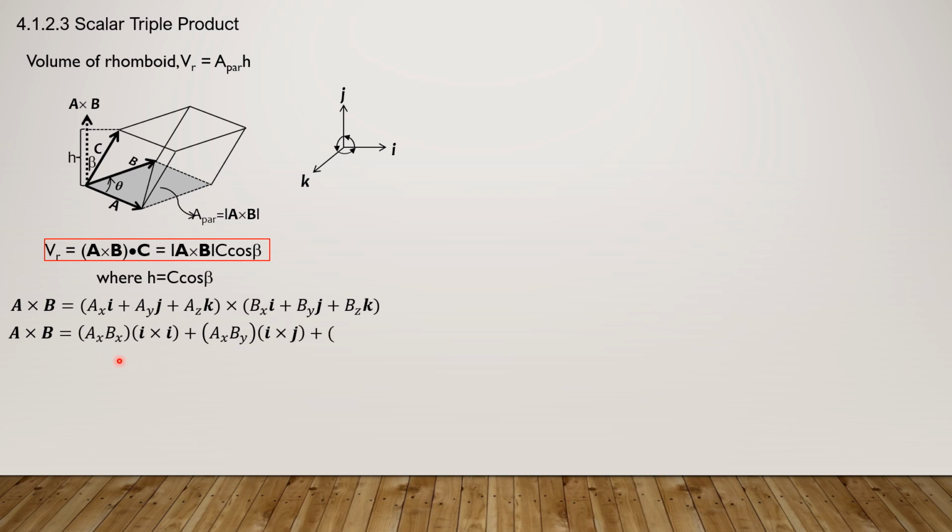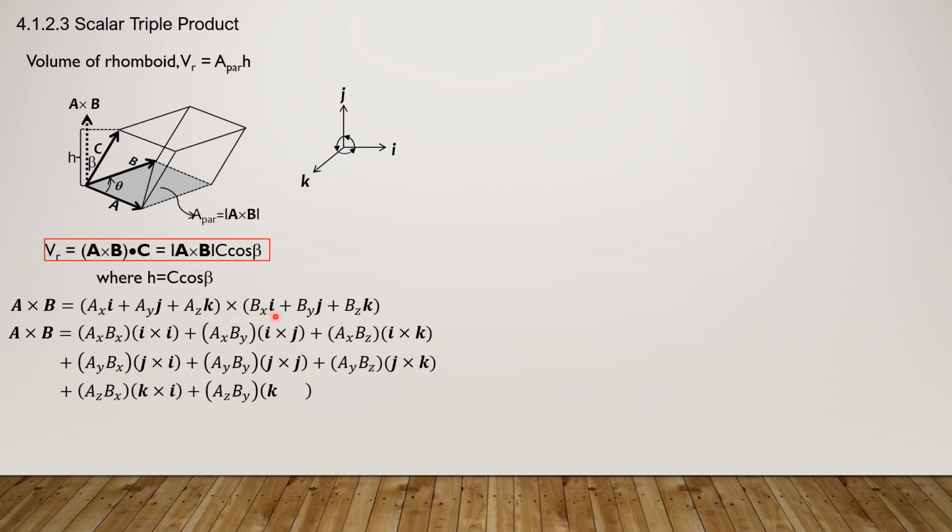So the expansion will be, by the distributive law of multiplication over addition, AXBX I cross I plus AXBY I cross J plus AXBZ I cross K, then plus AYBX J cross I plus AYBY J cross J plus AYBZ J cross K plus AZBX K cross I plus AZBY K cross J plus AZBZ K cross K.